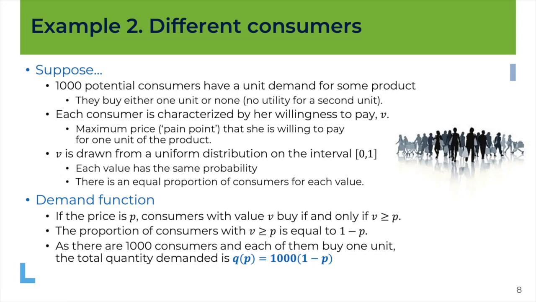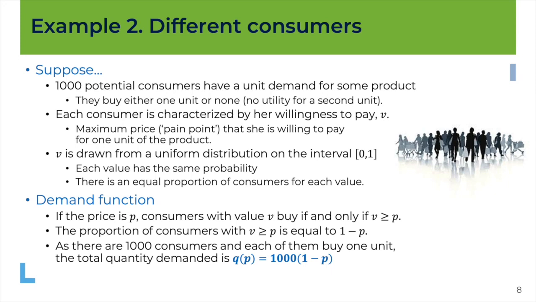So if I take V equal to 0.6, there is exactly the same proportion of consumers having V equal to 0.6 as there are consumers with V equal to, say, 0.4. It's also another way to say that there are 60% of consumers with a value of V between 0 and 0.6, for example.